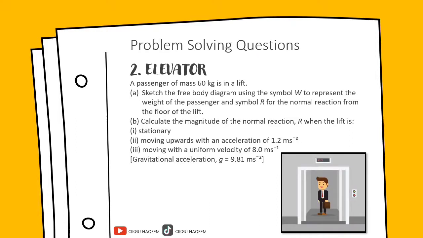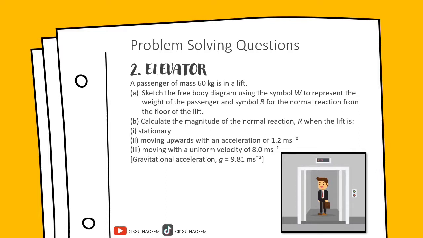For question number 2, which is about an elevator, a person is standing in the elevator. A passenger of mass 60 kg is in a lift. Sketch the free body diagram using the symbol W to represent the weight of the passenger and the symbol R for the normal reaction from the floor of the lift.